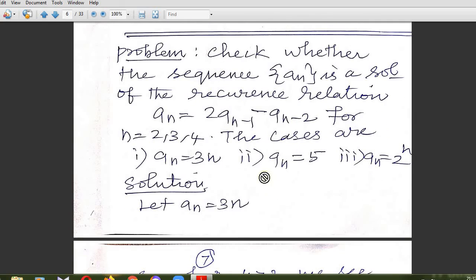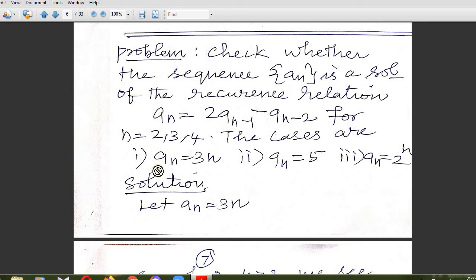Now the next problem is where we have to check whether the sequence a_n is a solution of this recurrence relation or not. The sequence is called a solution of this recurrence relation if each term satisfies the recurrence relation.